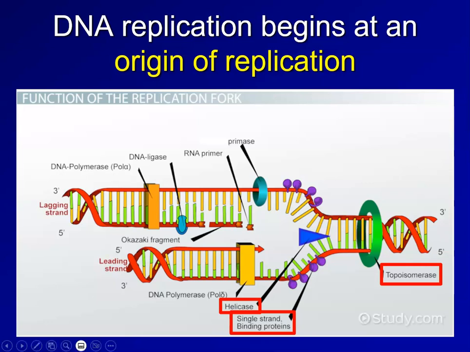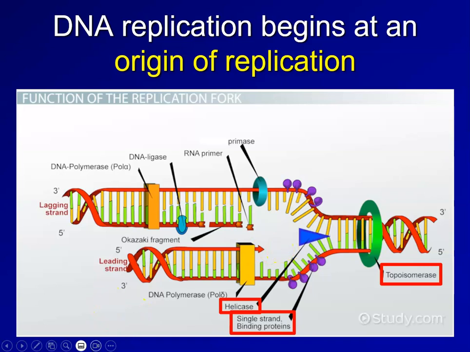We're going to start with what happens on the leading strand. And if you recall, the leading strand is the one that's going to be synthesized in the direction of the replication fork and continuously. So that's going to be shown here at the bottom where it forked off. That's the leading strand.